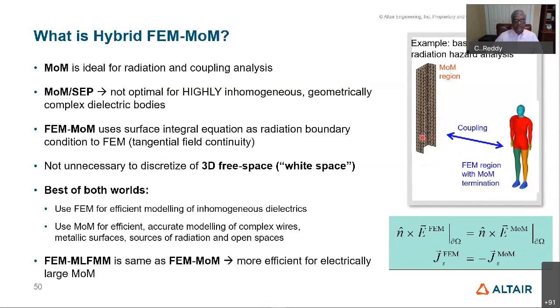Whereas here, you discretize just the antenna because it's a metallic surface. And then, of course, you discretize the body with FEM, and there's no mesh in this white space, which can save a lot of memory and time if you were to study this with, let's say, increasing distance. So then the computation cost will not increase with the distance.